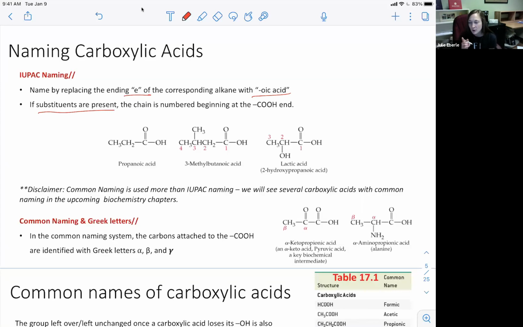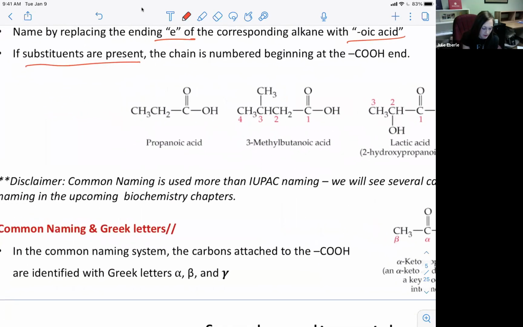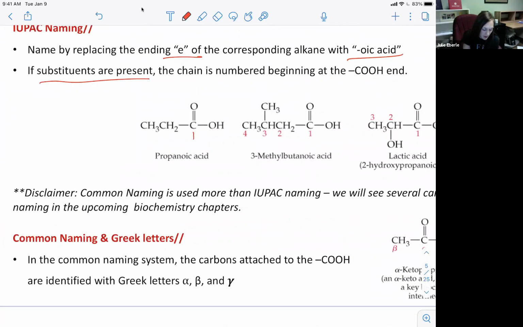A few of you missed points on exam 1 because of this, so remember, this is an important rule. If you have a carbonyl carbon and you're numbering and naming substituents, you've got to number that carbonyl carbon as number 1.